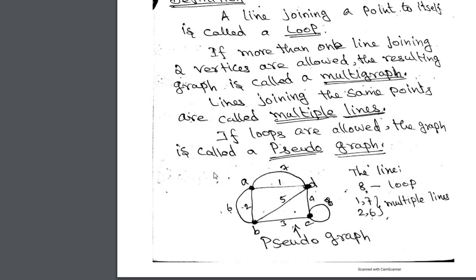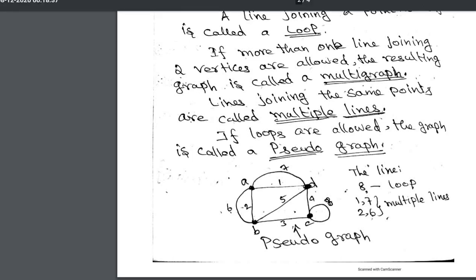If loops are allowed, the graph is called a pseudograph. So in a graph, if a loop occurs, that graph is called a pseudograph. Without this edge 8, the graph we can call a multigraph. With this loop we call the graph a pseudograph. That's why I am writing here that line 8 is a loop and 1, 7, 2, 6 are multiple lines.